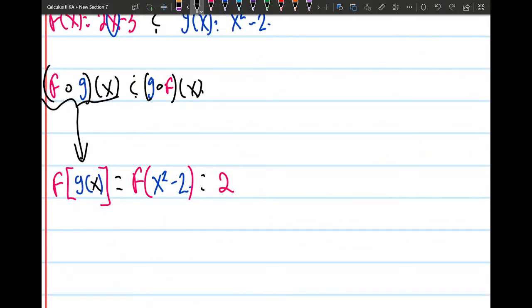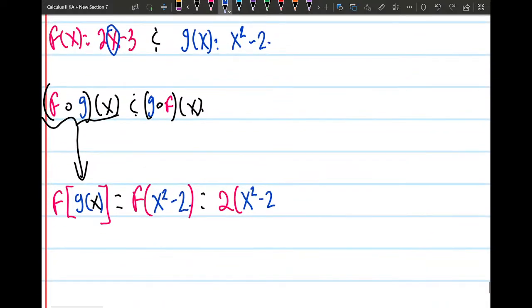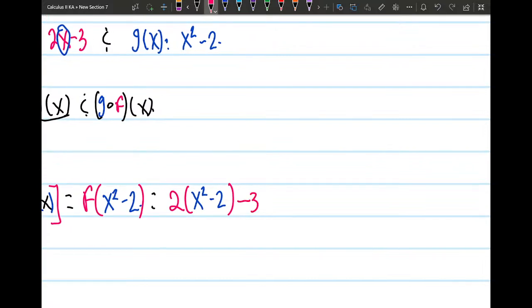So it's going to be 2 times the quantity x squared minus 2, close parentheses, and minus 3, like this.